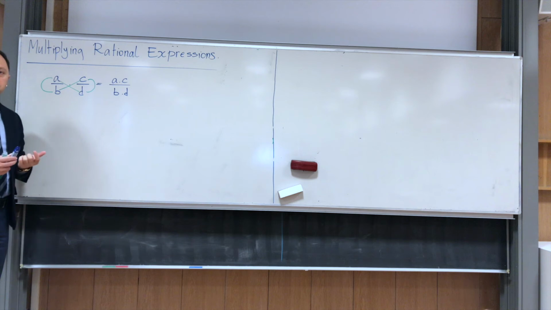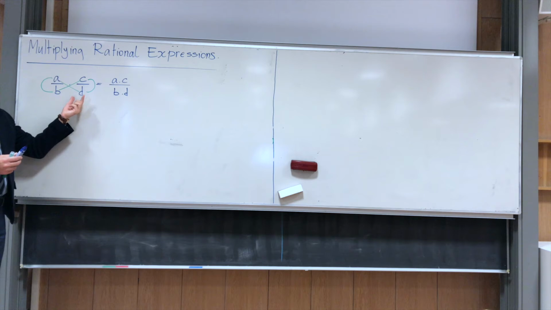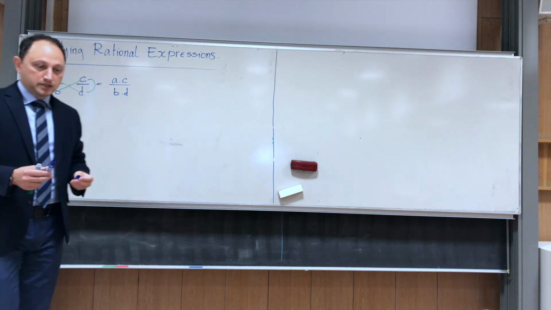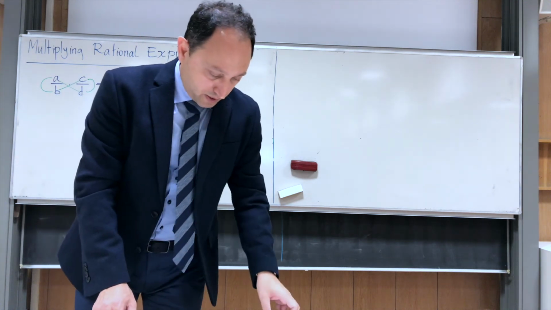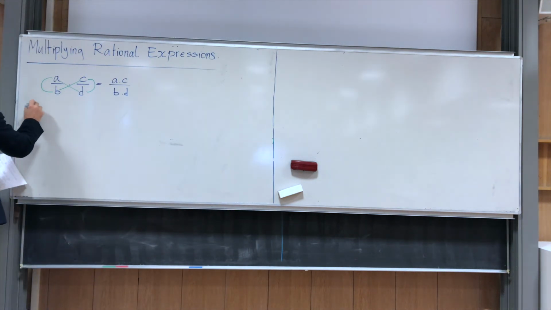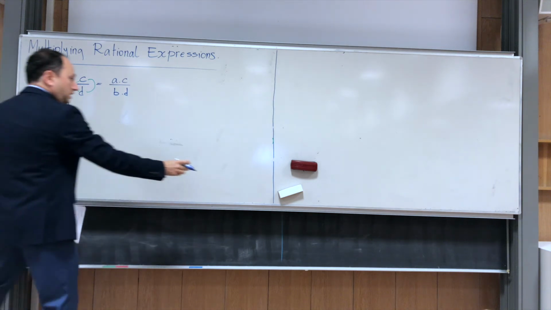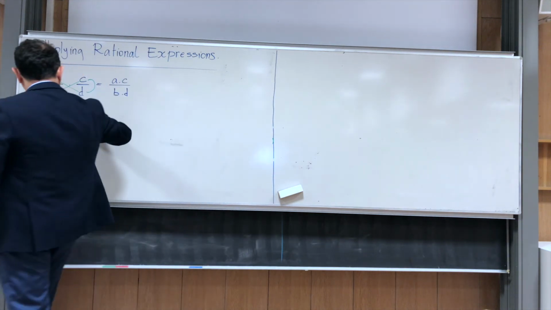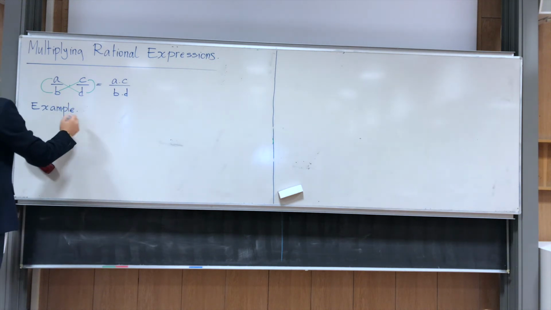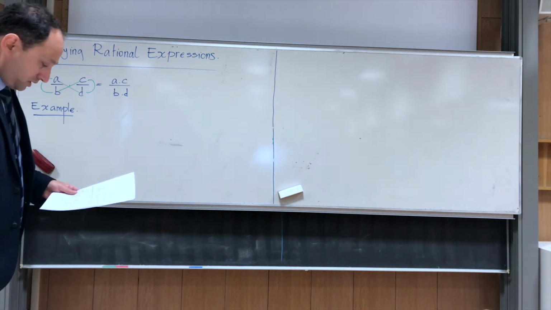We usually have to factorize the polynomials so that the factors become clear, and then we can simplify it. Yes. So let me give you an example, and some examples actually. Here you need to multiply and simplify, of course.